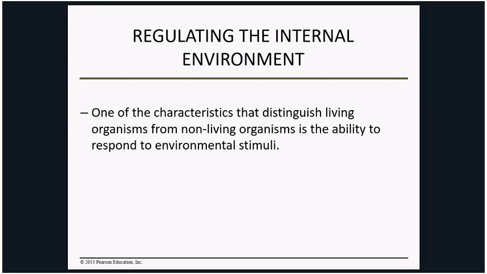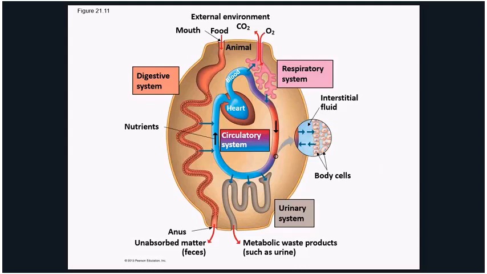So this picture could be a human, this could be whatever. This is just a very simplified version showing that we are an open system, meaning that we are always exchanging chemicals, energy, air, all of that with our external environment.